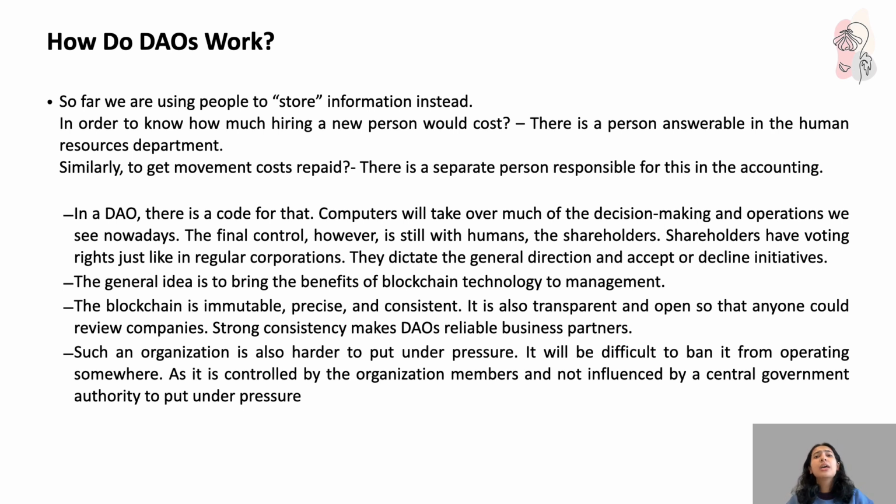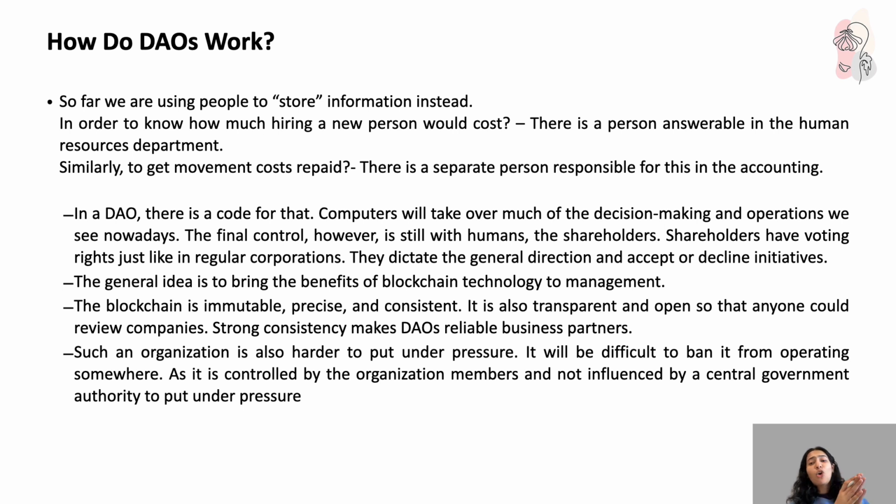If a condition is true, there's nothing that can stop the smart contract from running, right? So what does this do? It reduces delays, it minimizes, actually nullifies, human error, and builds trust because the rules cannot be changed secretly.